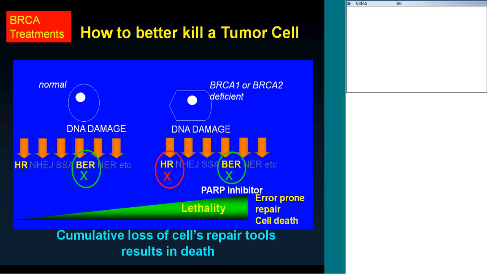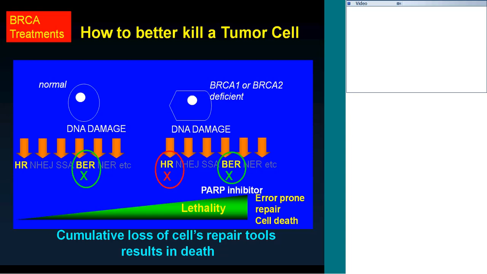And it turns out that there is a drug called a PARP inhibitor, which we've now discovered is another way of shutting down the cell's ability to repair DNA. And it so happens that in individuals who have BRCA mutations, lo and behold, when they take this PARP inhibitor, it seems to be even more effective in them than in individuals that do not have the BRCA mutation. Simply put, the BRCA mutation carrier has a better response to the PARP inhibitor because of the precise genetic abnormalities or mutations that occur in their cancers.